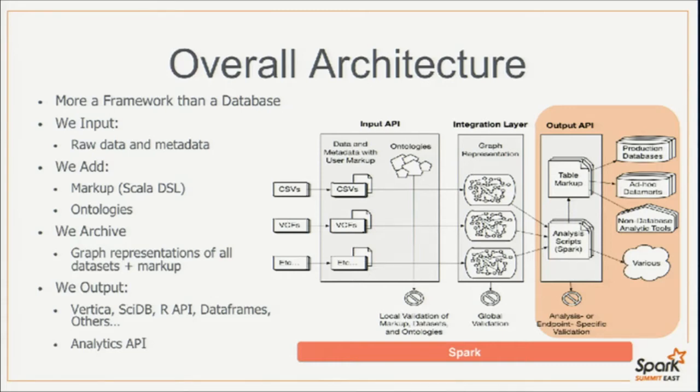The aim of table markup is targeted more at scientists, for them to be able to express how to pull out a specific piece of the graph into a relational schema or a set of CSVs of a particular schema, which they can then load into their tool of choice. And that's basically our answer for providing Spark-based analytics and also all these other legacy tools that people are familiar with.